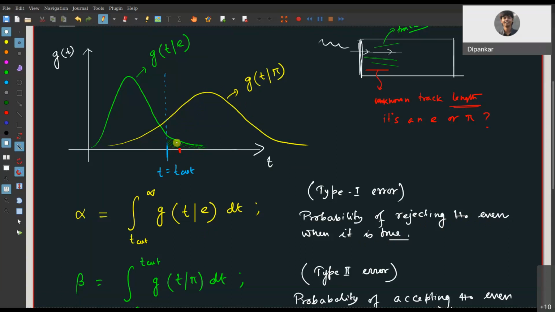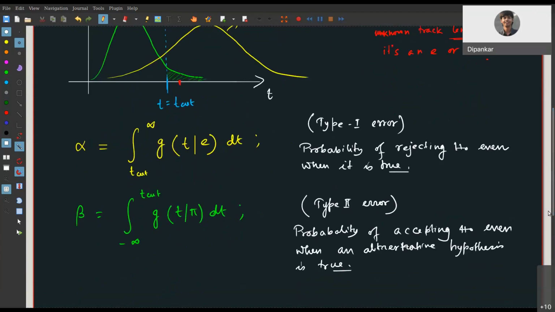But there is a finite probability, because of the tail of the green distribution, that even when the green is true, you can falsely be misled to conclude that yellow is true. So what is the probability that you get a t value greater than t cut even when green is true? That is the error I am denoting by alpha.